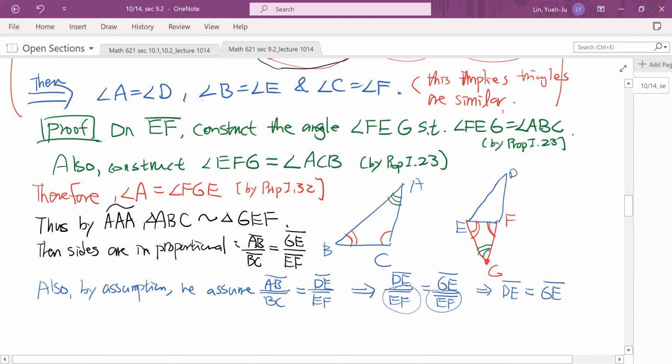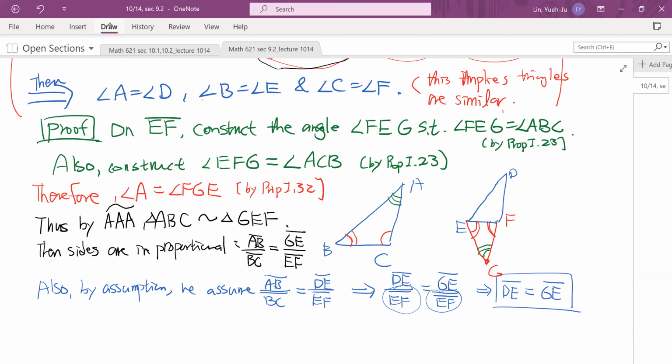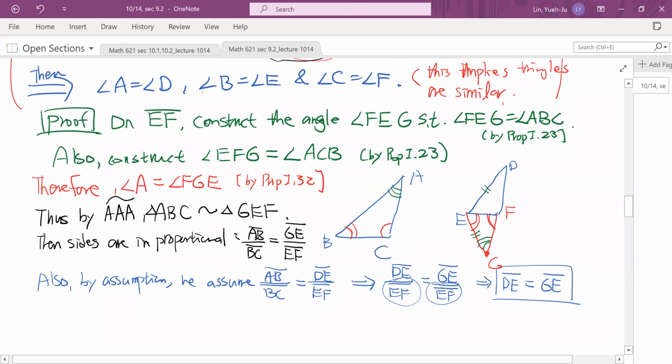Okay. Now let me circle this. So DE is equal to GE. Okay. Now let's see. You can do the same thing, right? I'm going to skip some steps here. So by similar reasoning, we can also show DF equals GF.